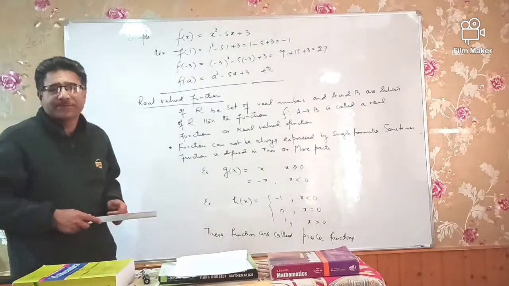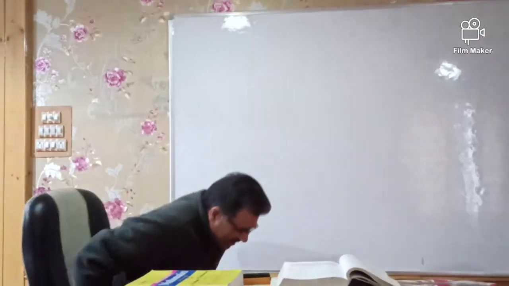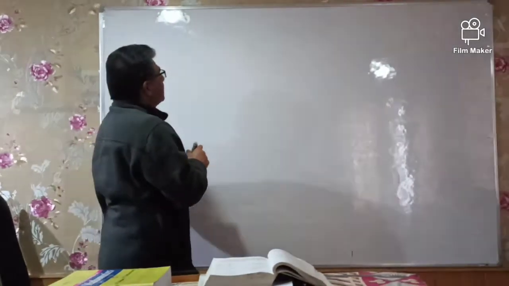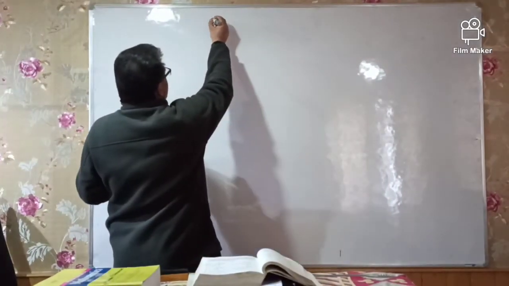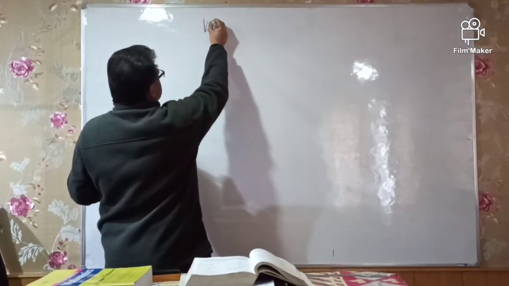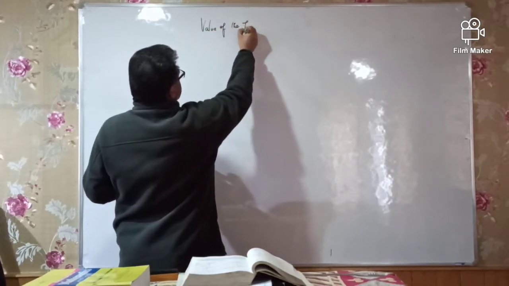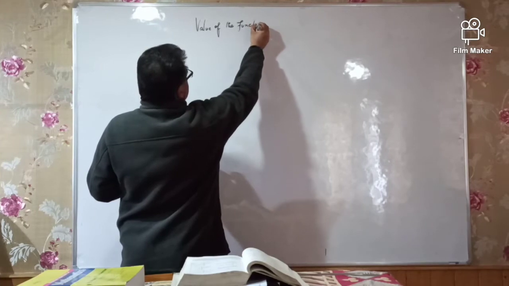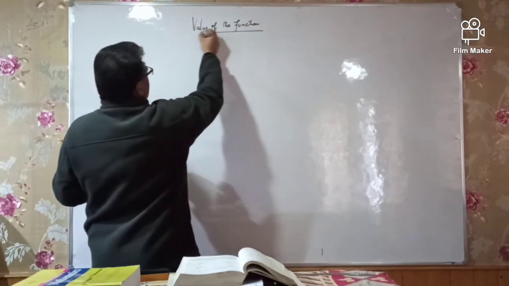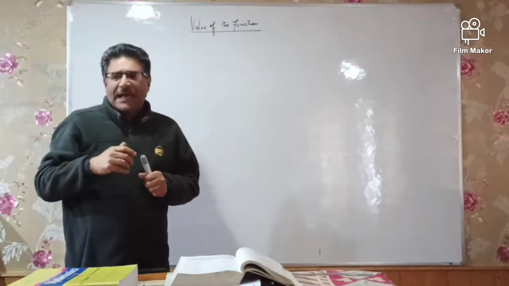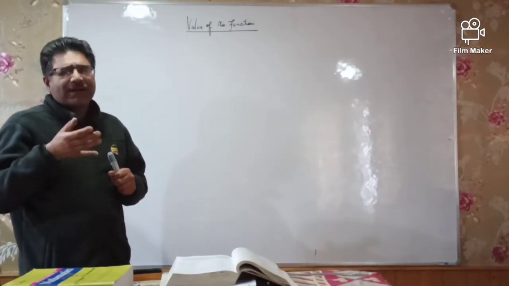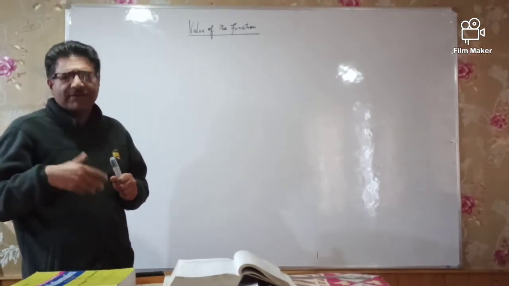Now we come to the next: value of the function. Now, what is the value of a function? Every function has a value, but some functions have value and some functions do not have value.